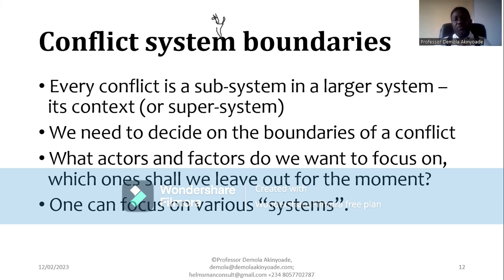Now, in analyzing conflicts, you need to know that every conflict has its boundaries. Every conflict is a system that has its boundaries. Sometimes, a particular conflict is a subsystem of a larger conflict. For instance, there might be conflict between a husband and wife.